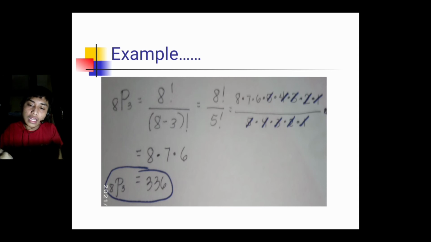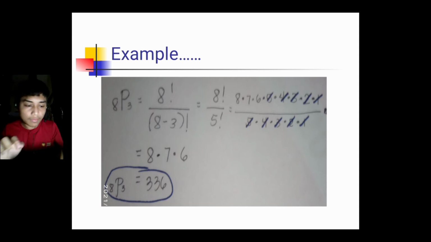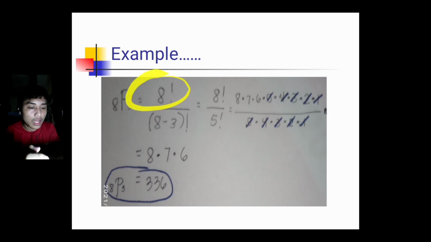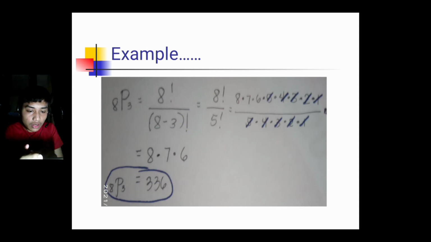So, kung gagamitan din natin siya ng calculator, so, meron tayong 8 and 3. So, base sa aking computation, ginawa ko siya, minus ko siya na factorial, 8 factorial, ayan. Finactorial ko yung 5, then meron tayong 1. So, gumamit ako ng cancellation para hindi ako mahirapan.